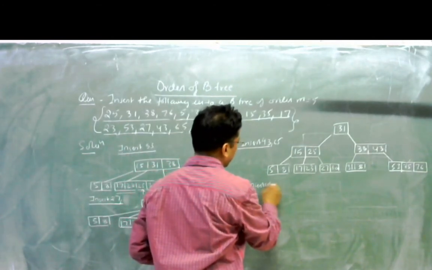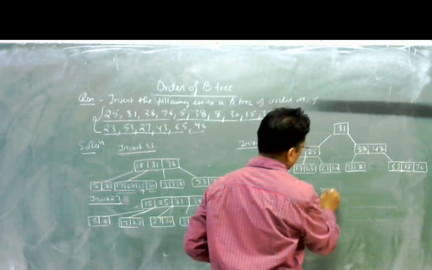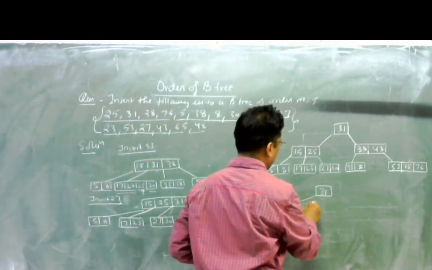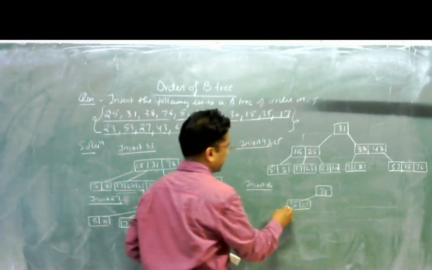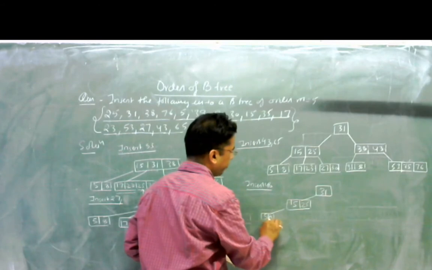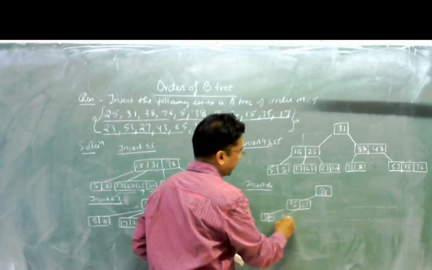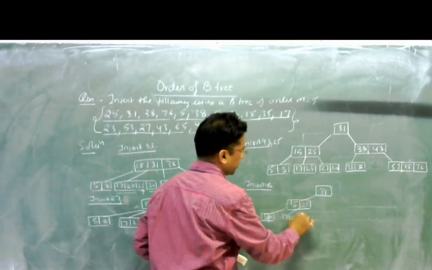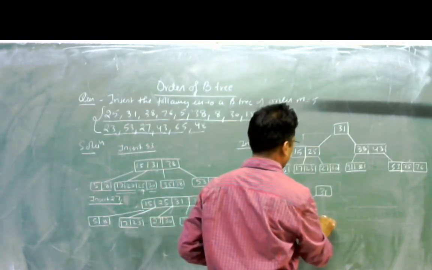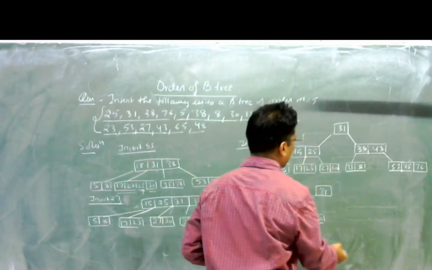insert 48, then this will be like that: 31, 15, 25 and 5 and 8, then 17, 23 and 27, 30, right?